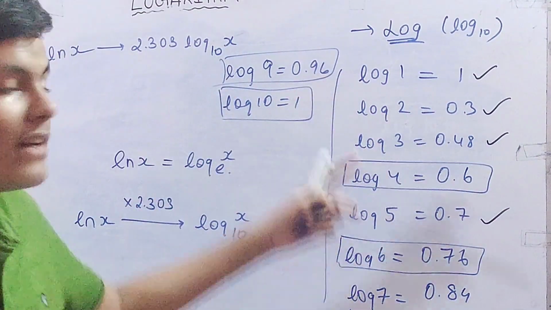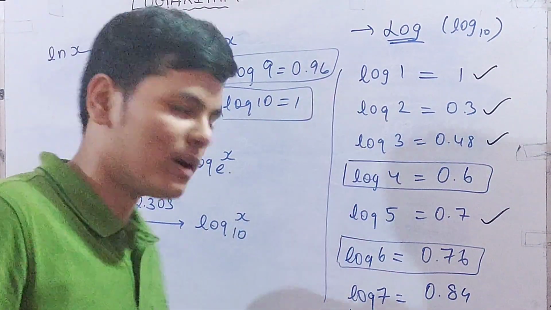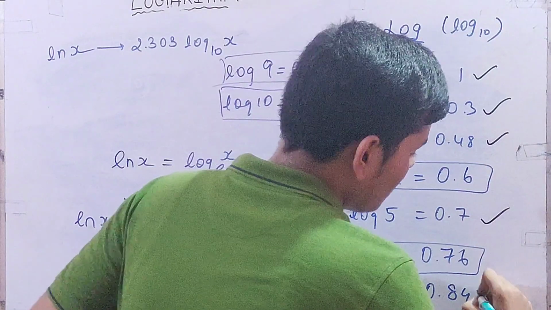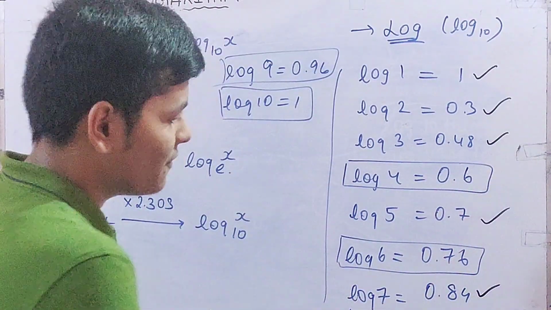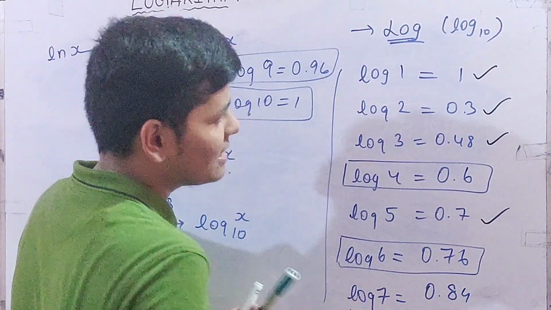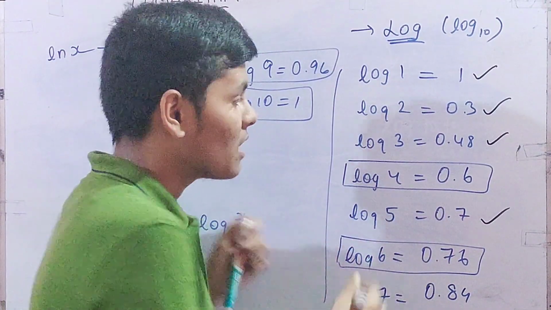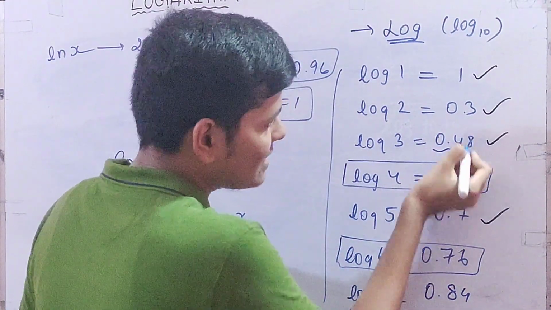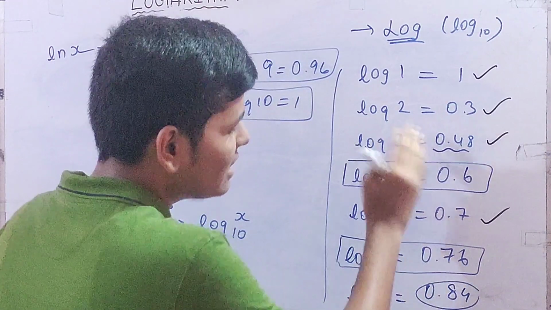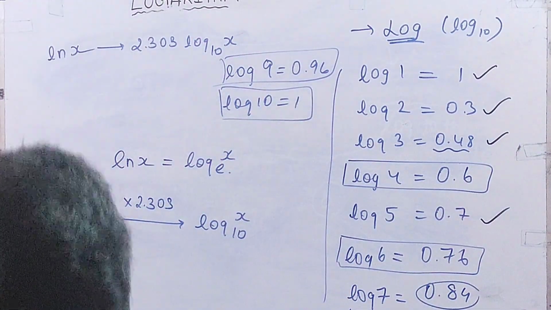These 4 are very important, and from these 4 we can derive all the logarithms, and also 7. Actually we can ignore 7 because log 7 is just the opposite of log 3. Log 3 is 0.48 and log 7 is 0.84. Log 3 and log 7 are opposite of each other.